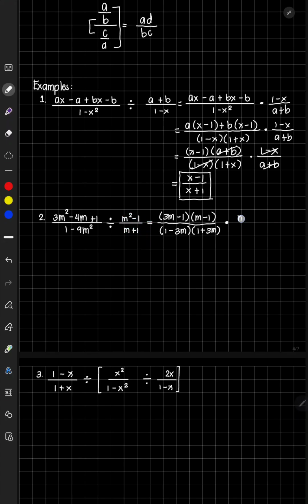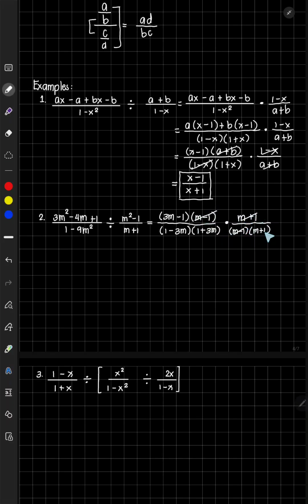Then multiply the reciprocal of this rational expression. So we have m plus 1 all over. So we have to also get the factors for m squared minus 1, which is m minus 1 multiplied by m plus 1. Then cancel out m minus 1 and m minus 1.